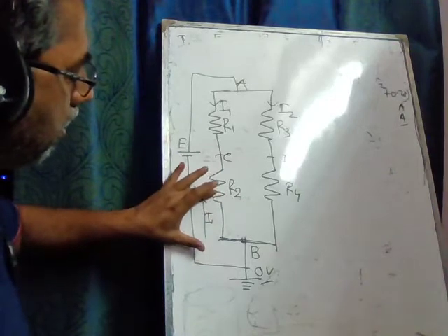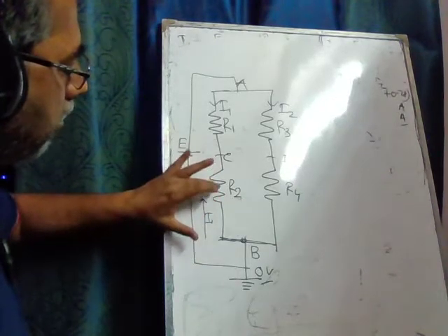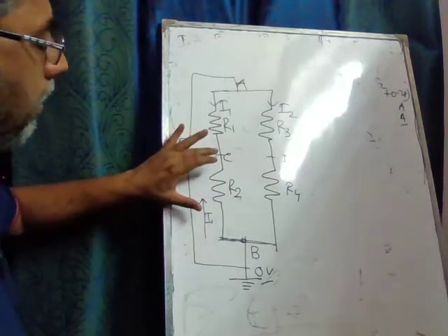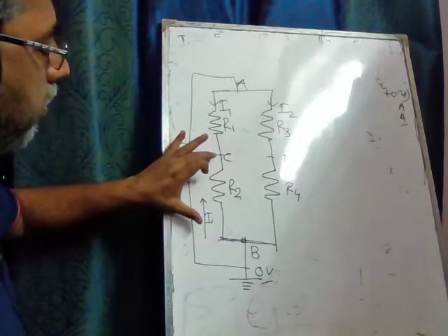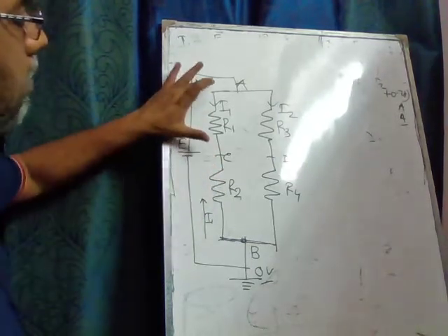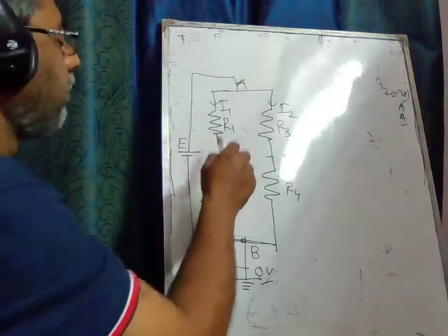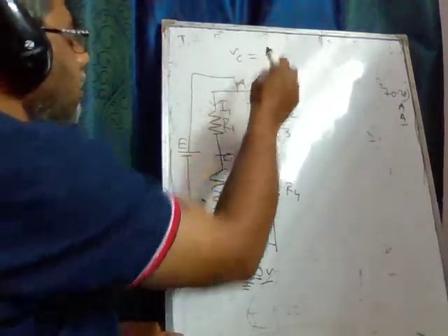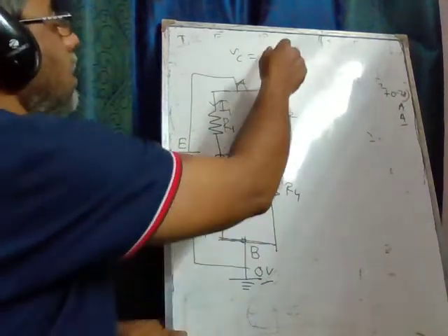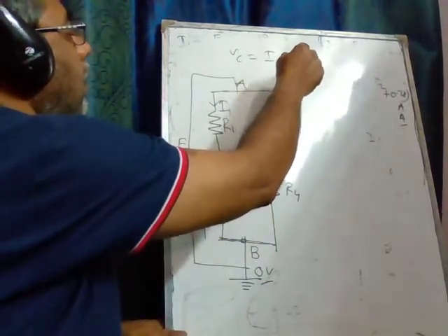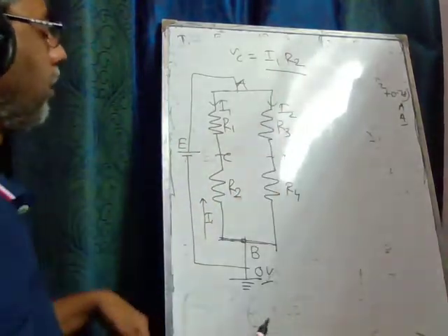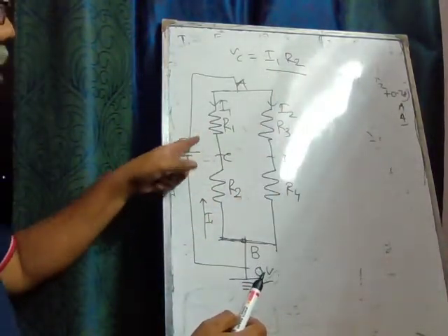So if you go upward and upward, more and more resistance comes into the path, and the potential drop will increase, reaching a maximum at this point. So we get the potential of the point C: VC minus V0 is VC, which is I1 times R2. And I1 is E over R1 plus R2.